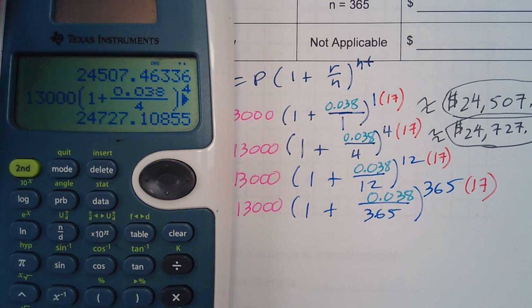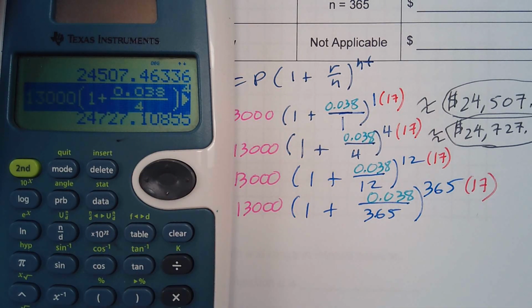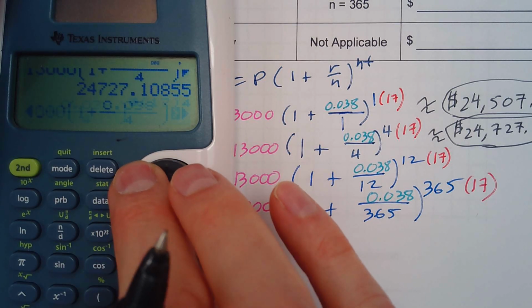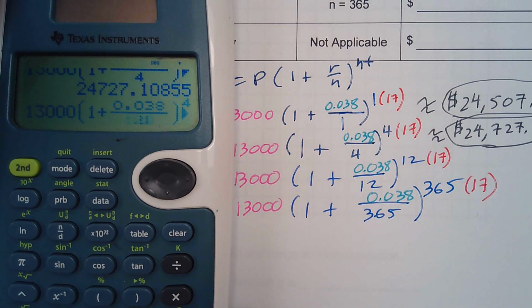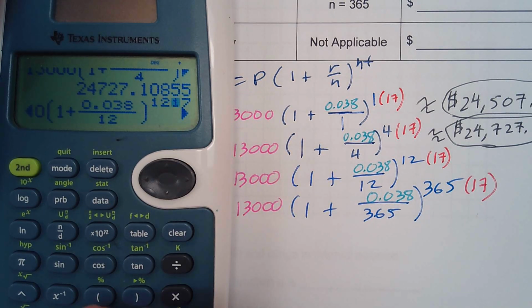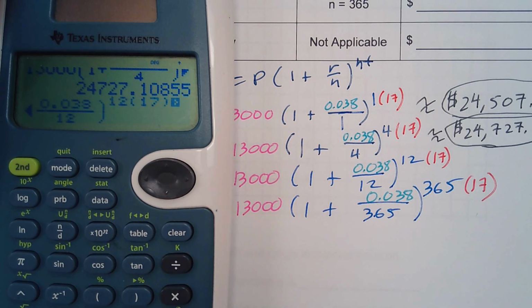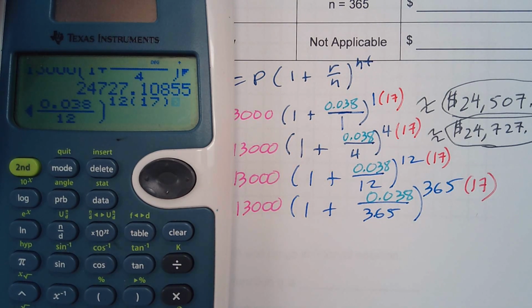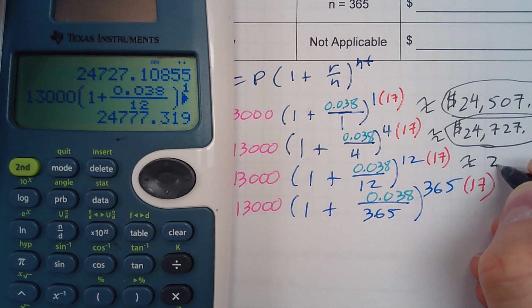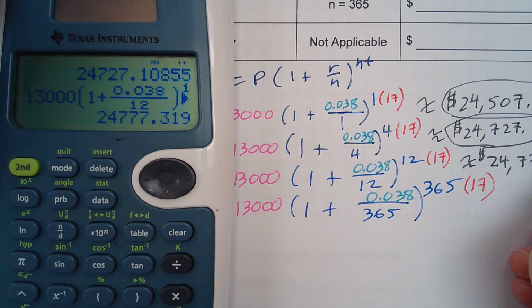Doing the same thing in part C, I have to change those 4's to 12. And I'll probably need to just retype that whole exponent. Hit enter. That gives $24,777.32.